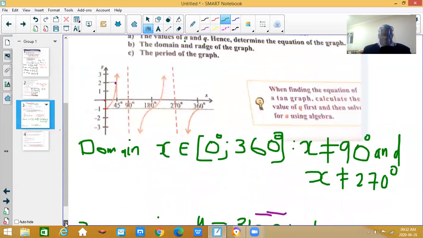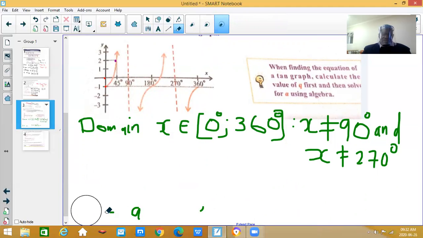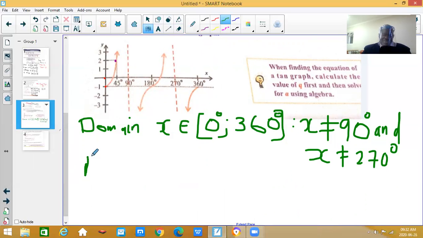On the range, with your permission, let me erase this part also. On the range, we want to find the values of y.